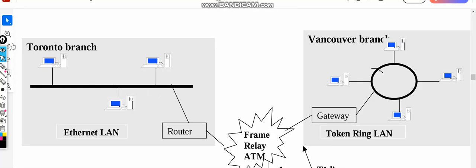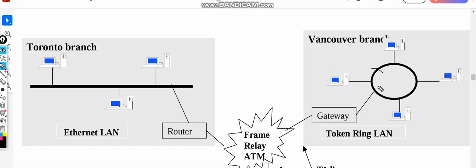See, for example, here this is the Toronto branch. This is the bus network, Ethernet LAN. Toronto branch is using Ethernet LAN network topology, a bus topology. This is the Vancouver branch.